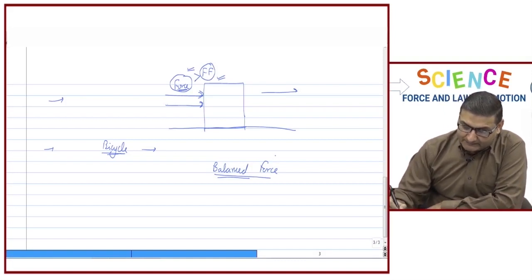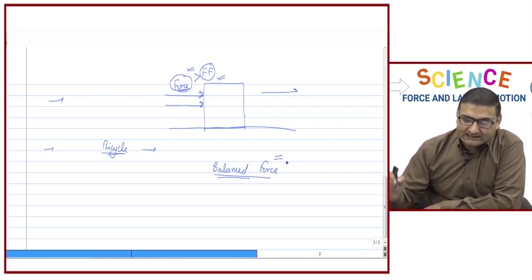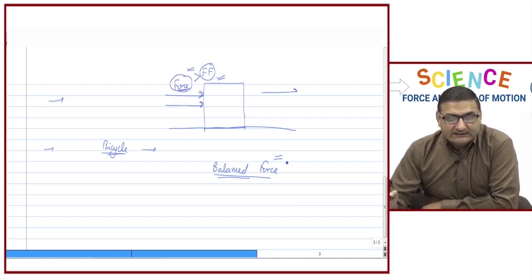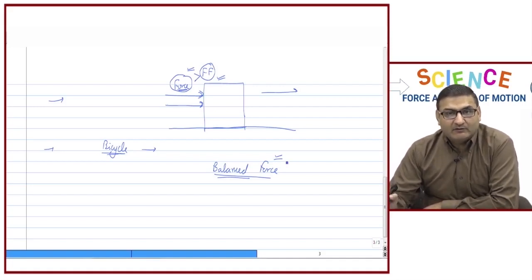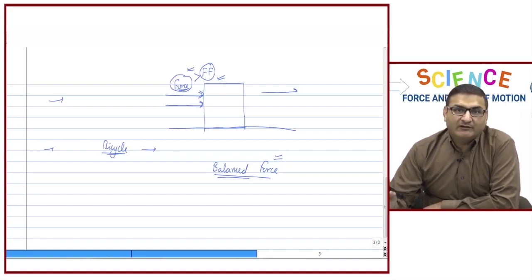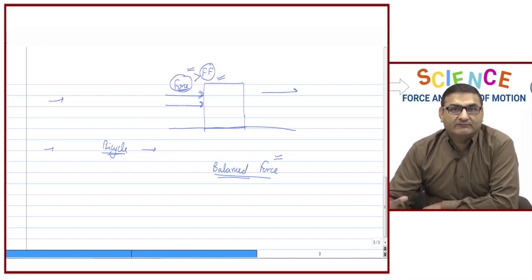So whenever a balanced force acts on a body in motion, there will always be a uniform velocity of the object, unless some other external force is applied on it. If we want to change the velocity, the speed or the direction of the object, we always have to apply an unbalanced force.